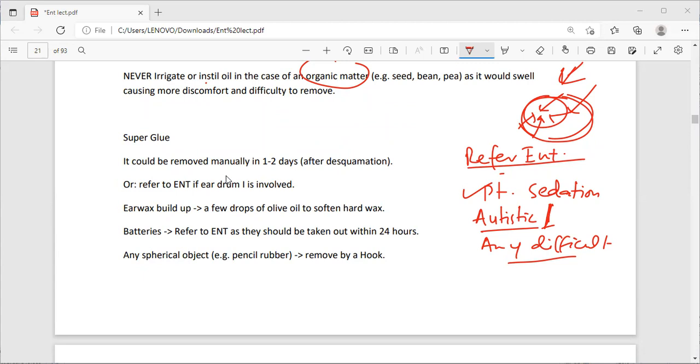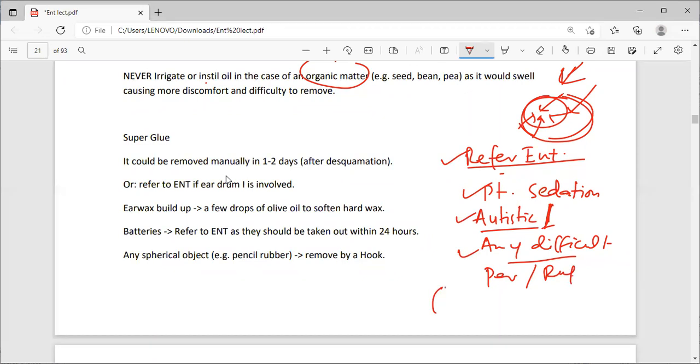The next thing is if the patient is uncooperative, like I told you, an autistic or uncooperative child. The next thing is if the tympanic membrane is perforated or ruptured, then you have to refer to ENT. So any difficulty, rupture or perforation of the tympanic membrane, autistic or uncooperative child, or if any adhesive is in contact with the tympanic membrane.